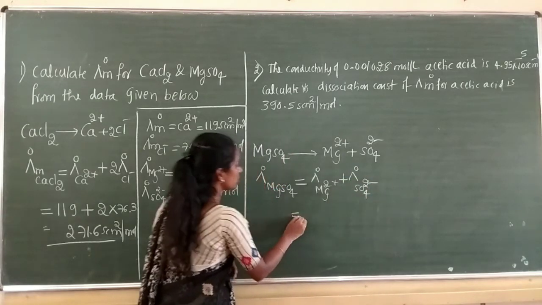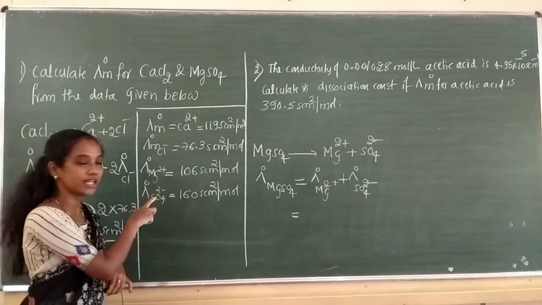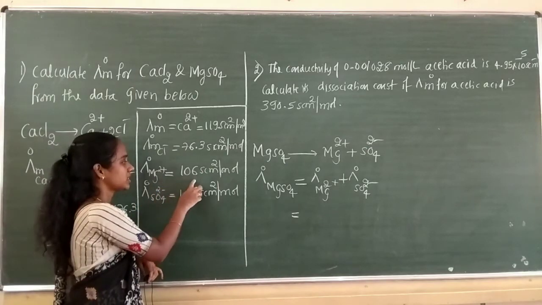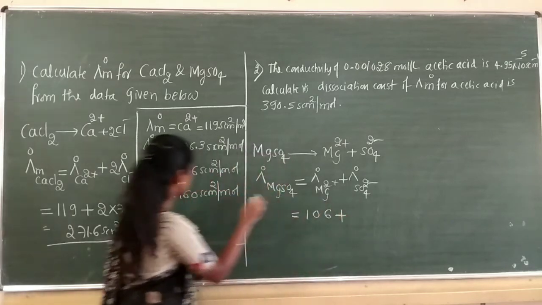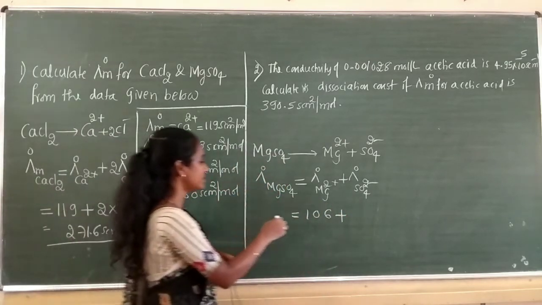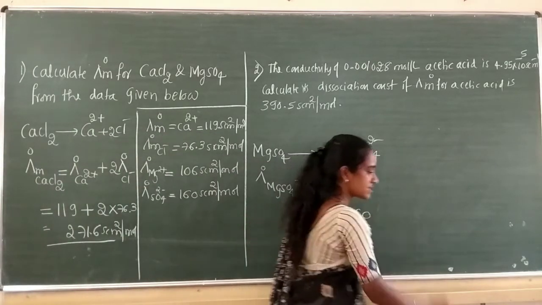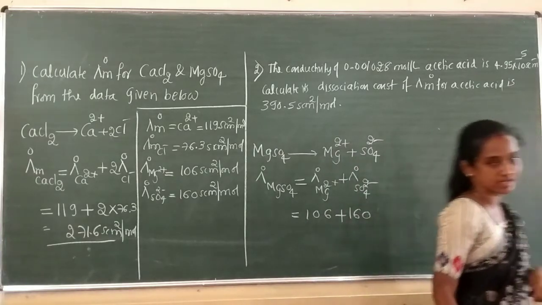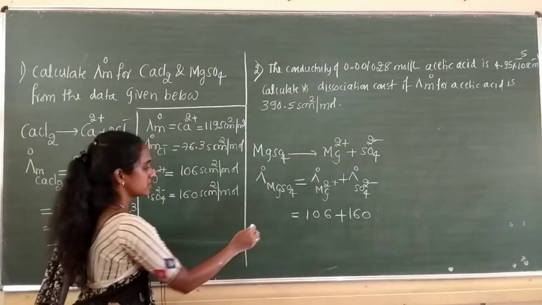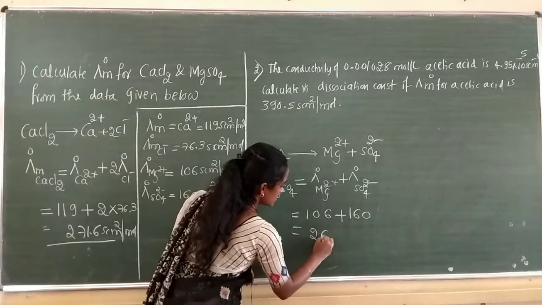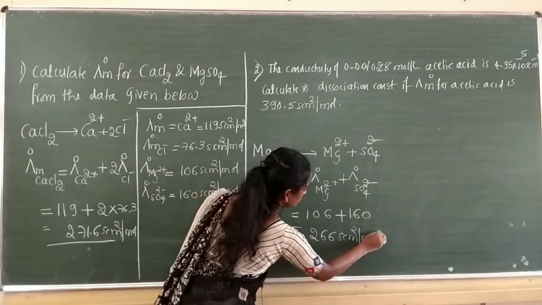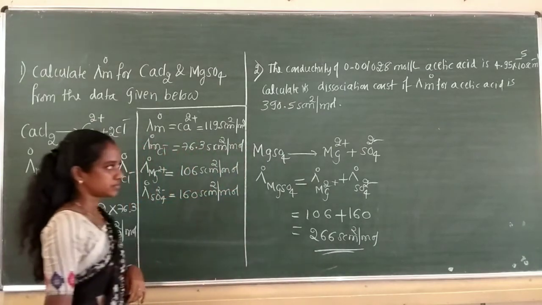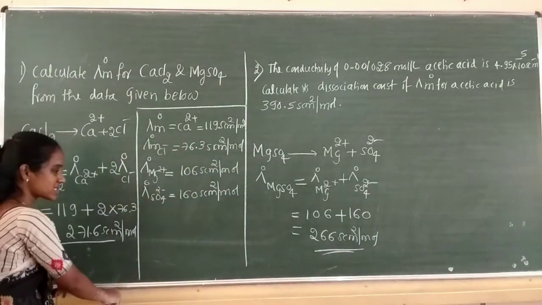Let us substitute the values. The limiting molar conductivity of magnesium is 106 plus sulfate, which is 160. So the answer here is 266 Siemens centimeter square per mole. So this is about the first problem.